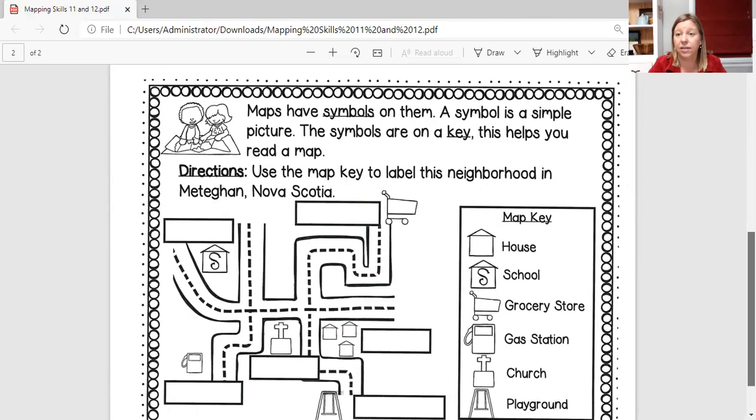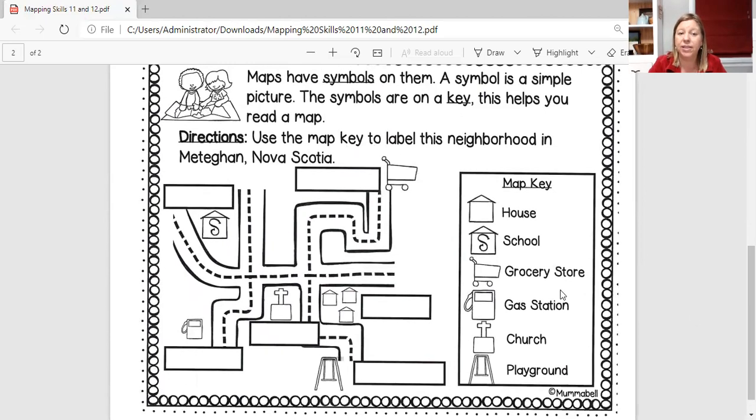That's just my guess. Okay, on this map, you will see some symbols. A symbol is a simple picture to represent a real thing of a landform or a landmark that is in the map zone. A map key tells what each symbol represents, what it stands for. Use the map key on the bottom right of your map to label this neighborhood.